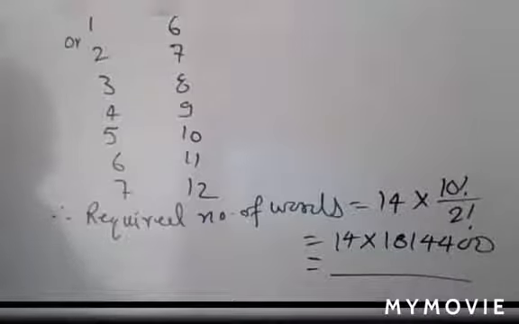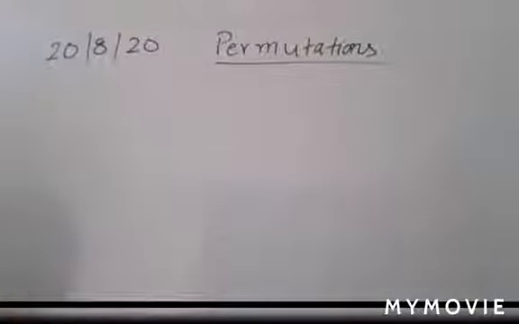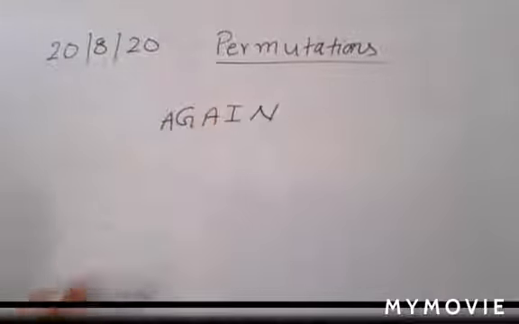Okay. Now you write another question which is quite different. If all the letters of the word, again, if all the letters of the word are arranged as in a dictionary, what is the 50th word?